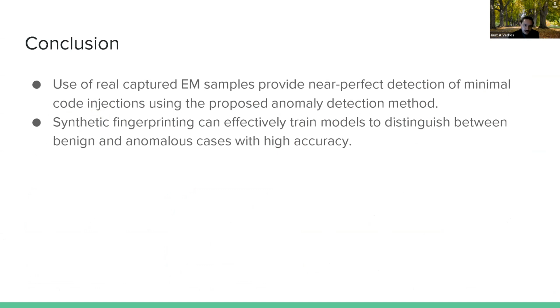Given the results, we conclude that relying on a database of real electromagnetic samples of assembly code instructions allows us to synthetically reconstruct an approximation of electromagnetic signals of a significantly large program with high fidelity. Thus, the proposed method can be used in the context of anomaly detection.